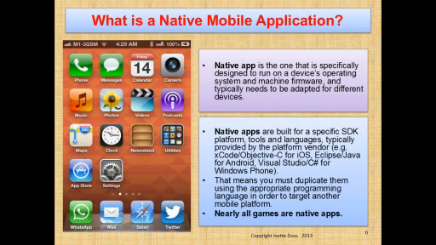I'll give you a couple of examples. If we're talking about iOS applications, a native application for iOS, then we will use Xcode and Objective-C as the language. If we use Eclipse and Java, then it will be a native application for Android. Visual Studio and C, then we're talking about Windows Phone.